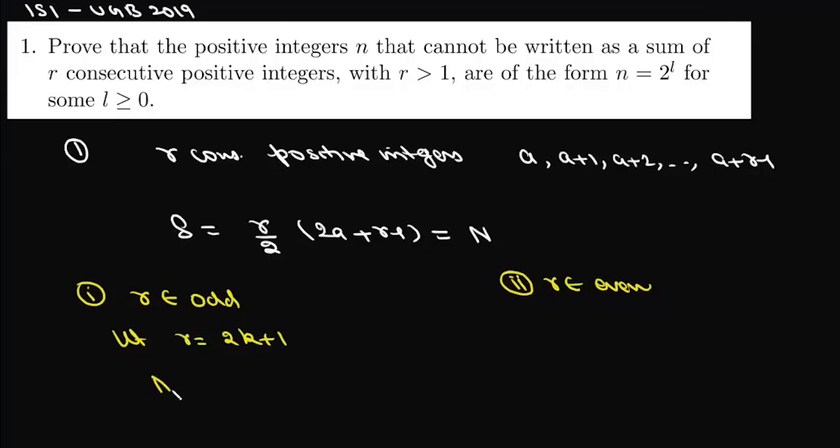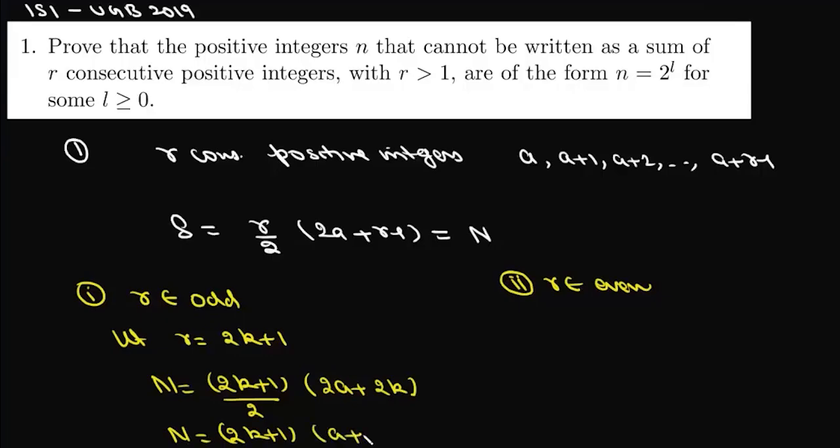So we can write n as (2k plus 1) divided by 2 times (2a plus 2k), or n will be (2k plus 1) times (a plus k), and clearly r is greater than 1, that means 2k plus 1 is greater than 1.